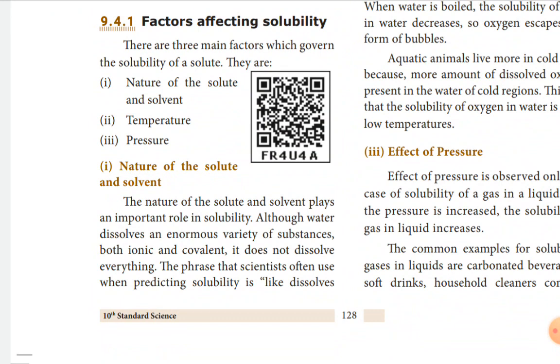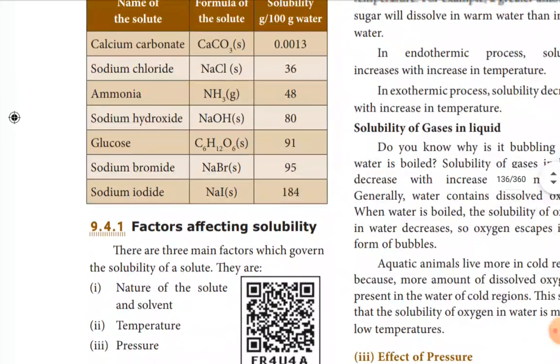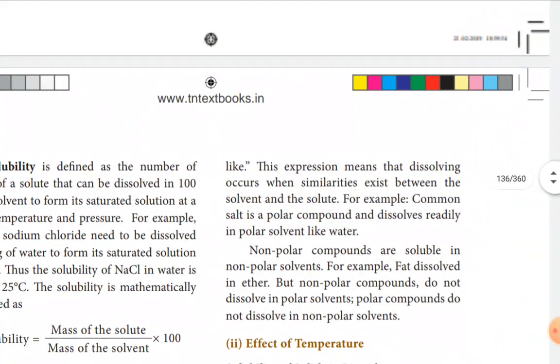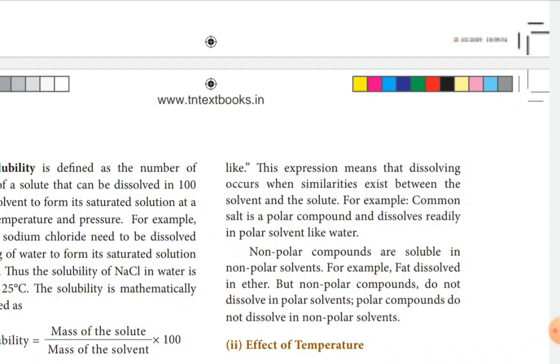The nature of the solid and solvent plays an important role in solubility. Although water dissolves an enormous variety of substances, both ionic and covalent, it does not dissolve everything. The phrase that scientists often use when predicting solubility is "like dissolves like". This expression means that dissolving occurs when similarity exists between the solvent and the solid.